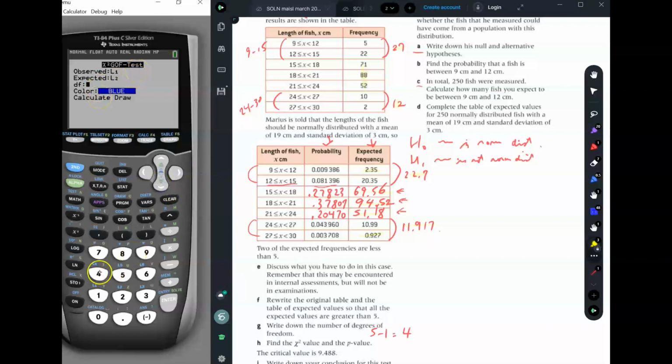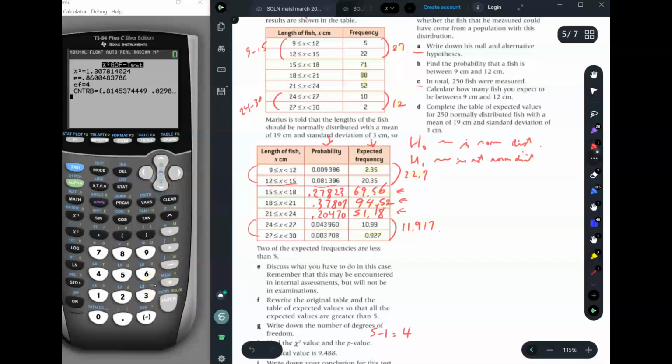So I'm going to change the 5 to a 4. And then I'll go down to calculate. And it tells me a chi-squared value. It tells me a p-value. So the chi-squared value is 1.31. And the p-value is 0.860.